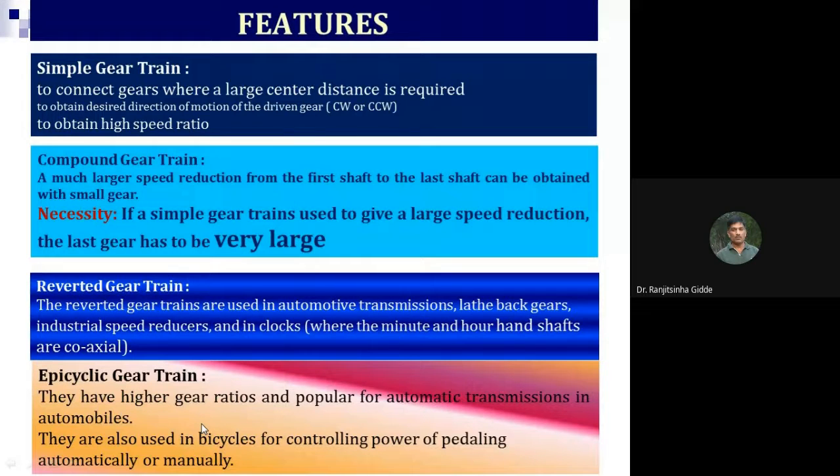In automatic transmission, epicyclic gear trains are used, and these are also used in bicycles for controlling power of pedaling automatically or manually. So these are the applications with respect to these four types.